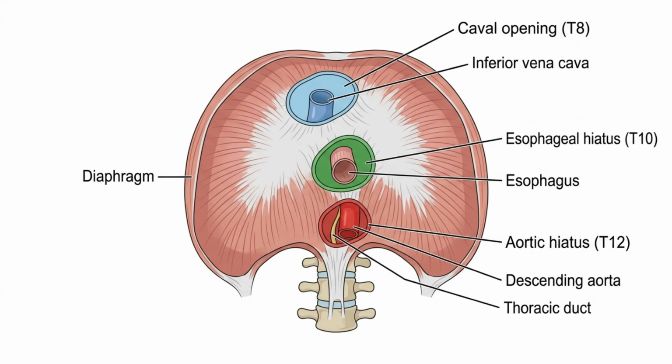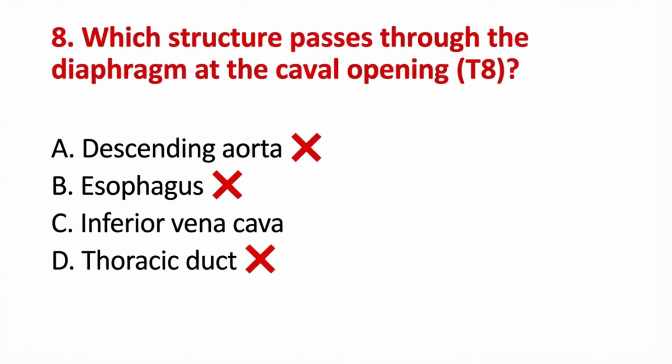Why other options are incorrect? Option A is incorrect because the descending aorta passes through the aortic hiatus at T12, not the caval opening.